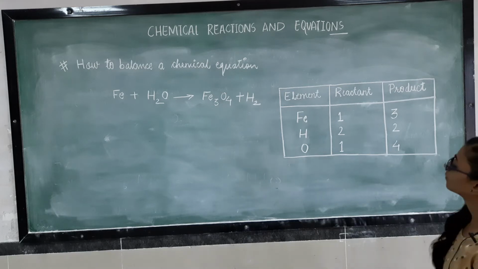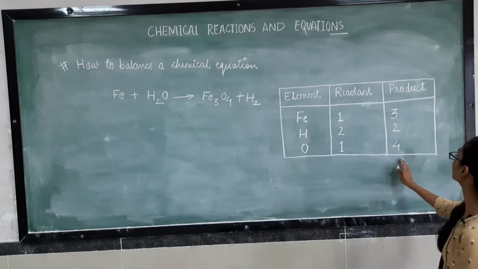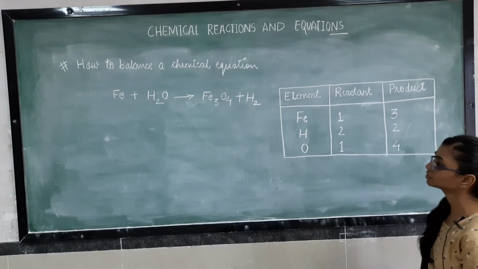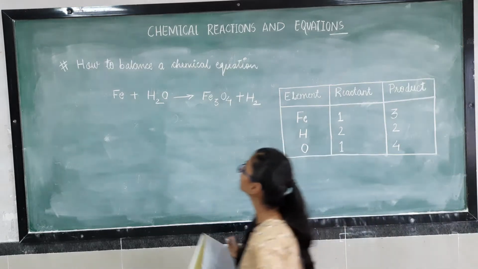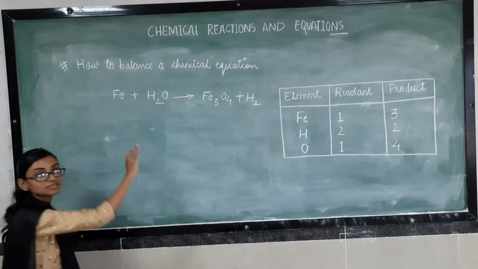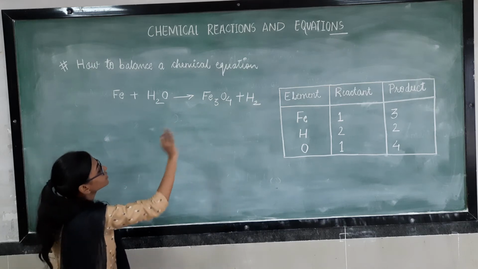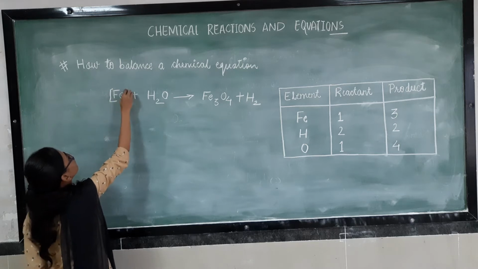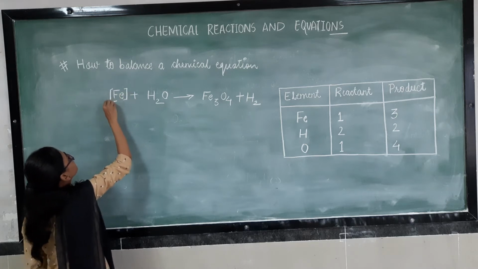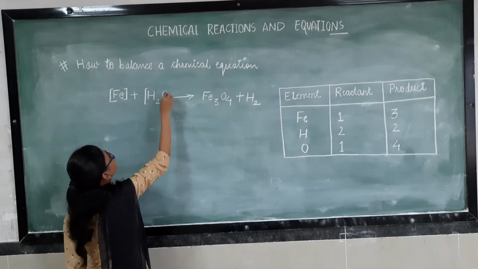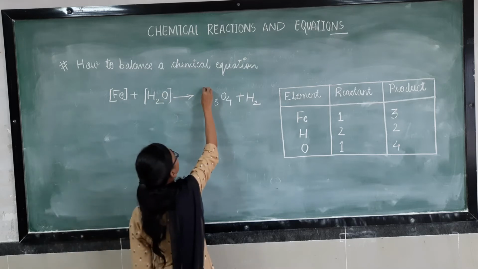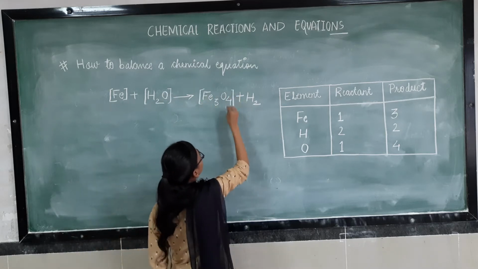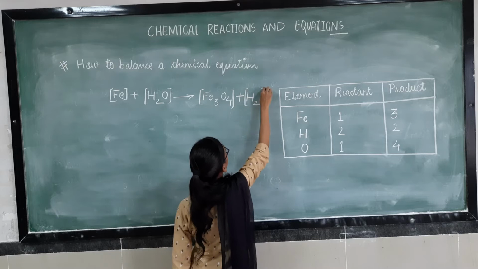To balance the equation, first we have to close these reactants and products in a closed bracket. First rule is to close this in a bracket form.